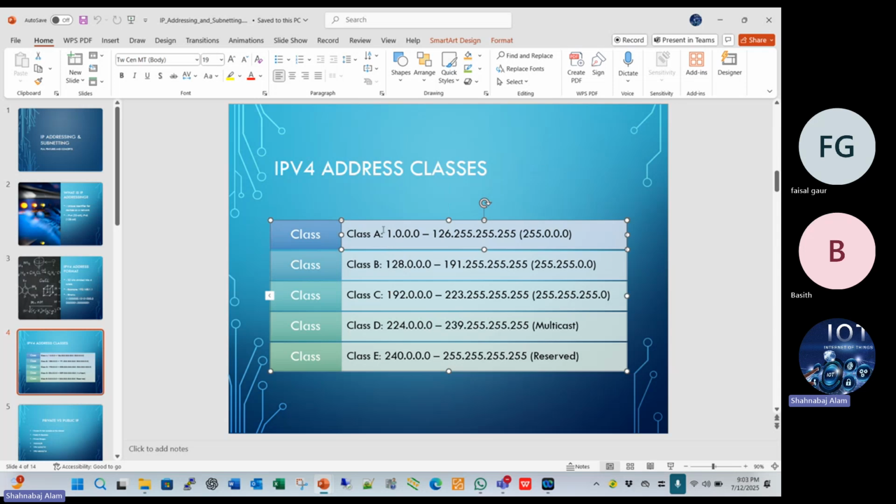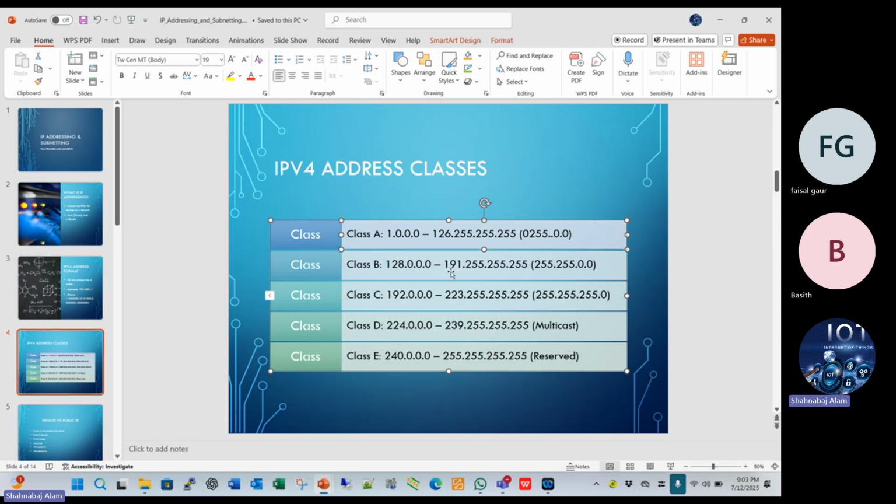Suppose you assign an IP address to any device. At that time, this point should be remembered, because it matters whether you assign a class A or class B IP. If you assign a class A IP address, the default subnet mask is 255.0.0.0.